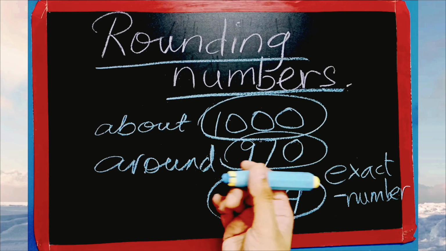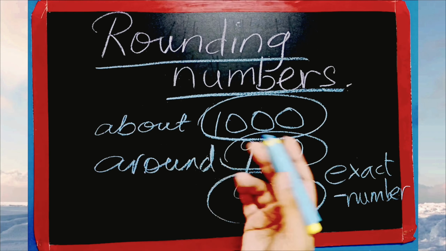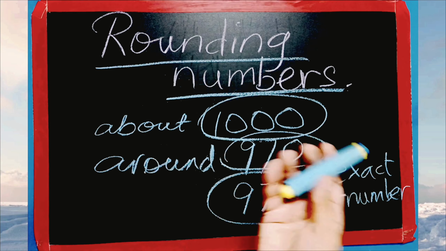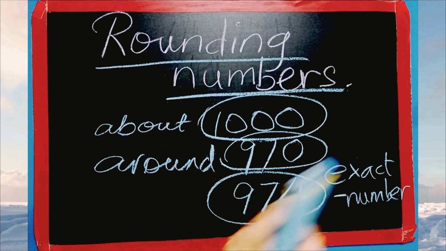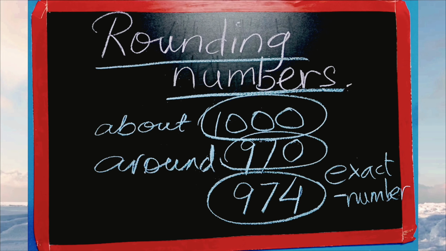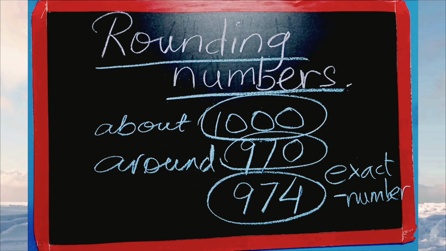If someone asks how many students are in your school, I can say there are approximately 2000 students in the whole school. But if someone says, I don't think 2000 is the exact number, are you sure you have 2000 people in the school?